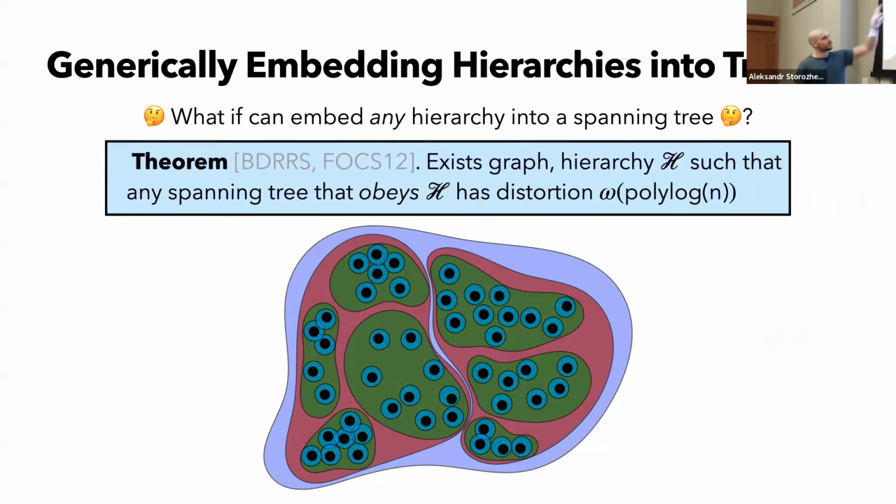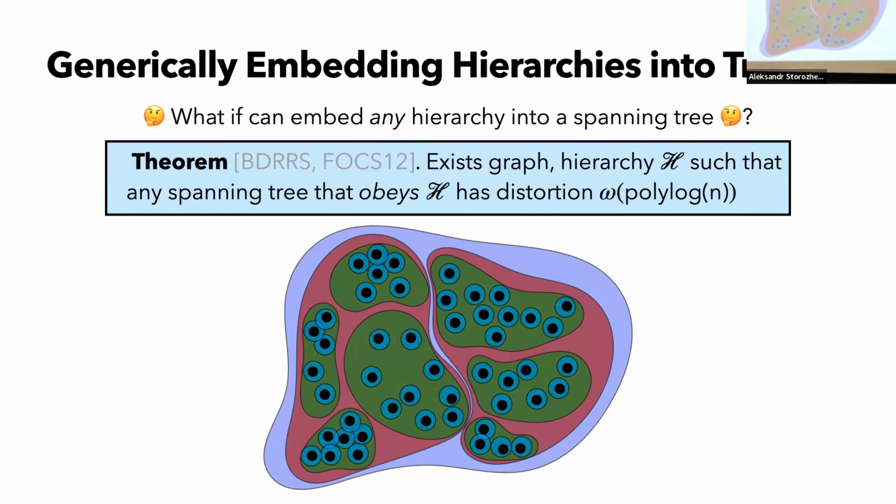In particular, there's a previous result, not stated in this language, but you can reinterpret it in this language, that shows that there are some graphs and hierarchies such that any spanning tree which obeys the hierarchy, in the sense that on each part it induces a connected graph, cannot achieve polylogarithmic distortion.